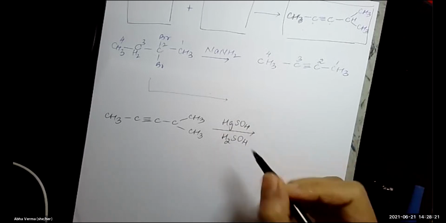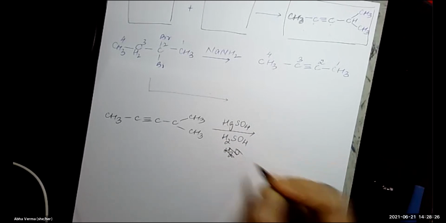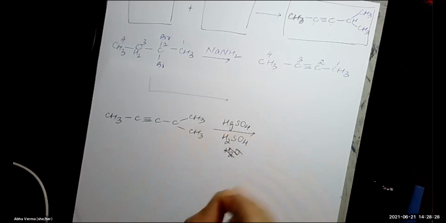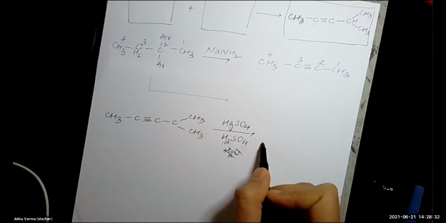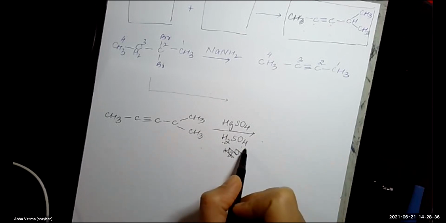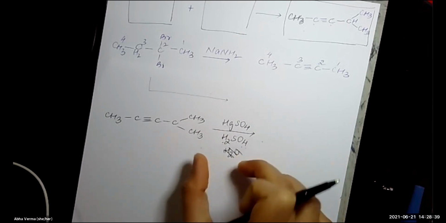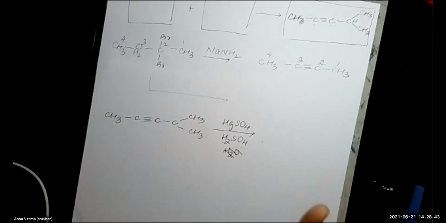Many times you will see water also written. But what if water is not written? Please assume that H2SO4 will have some water in it. It is not completely water, and it's not completely H2SO4. 36 molar is the highest concentration of H2SO4 that we know, and it has some water in it.